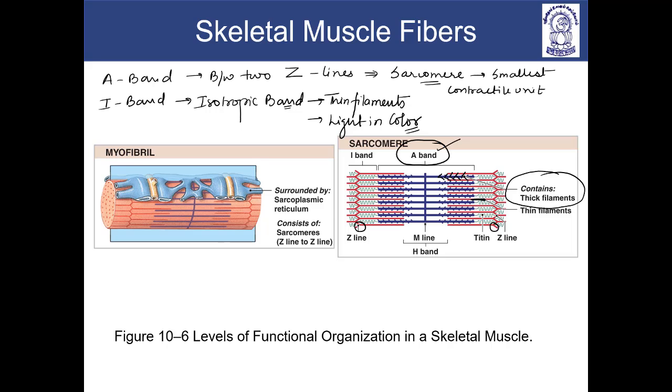The thick filaments, along with the overlapping of thin filaments, appear darker under microscope. So sarcomere is the fundamental unit of muscular contraction, having the A band and the I band. A band, anisotropic band, between two Z lines of sarcomere, and the I band or isotropic band is the thin filament which is light in color.